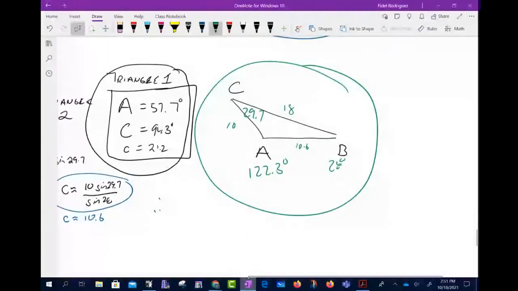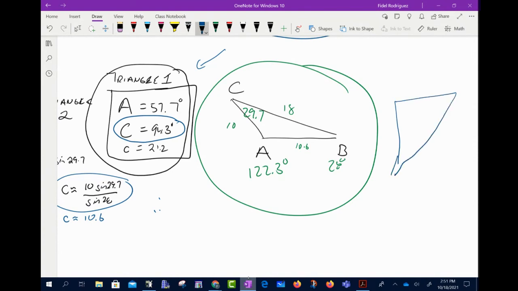And then if I were to draw, say, the first triangle, this one here, I want you to, again, notice the angles that I have. So look at angle C. Angle C is almost a right triangle, right? So I would probably make my angle C looking something like this. And so this is angle C, this is angle A, this is angle B. So C is 94.3 degrees, B is 28.